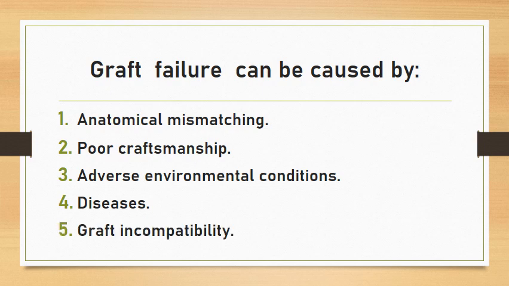This failure is due to the poor formation of graft union that can be caused by several factors such as anatomical mismatching between rootstock and scion, poor craftsmanship of the grafter, adverse environmental conditions during grafting and after the grafting process, disease that may be in the scion or rootstock, and graft incompatibility that occurs after grafting was successful.